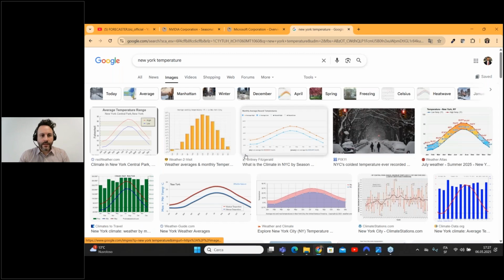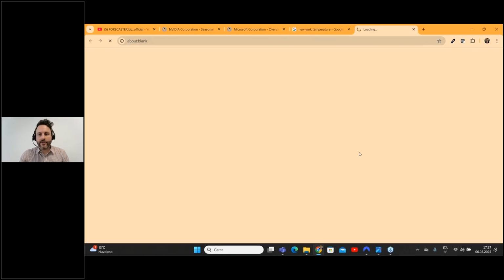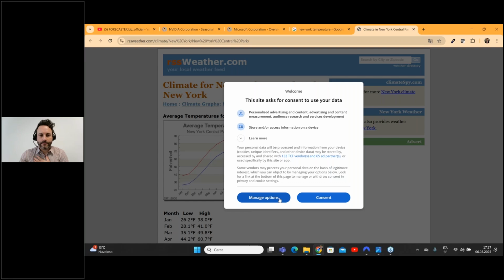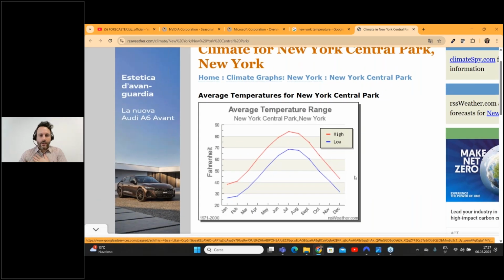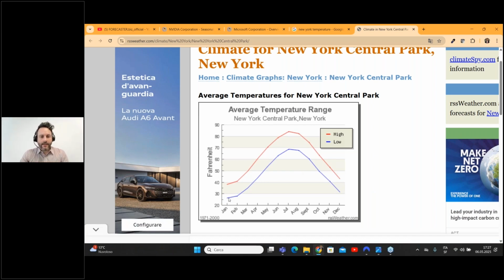If we see the average temperature of New York City, as you can see, we have a January where we have a very low temperature, and then we go up until July, and then again we go down until November, December. And this is a cycle that we can find because we measure the average temperature in New York City.